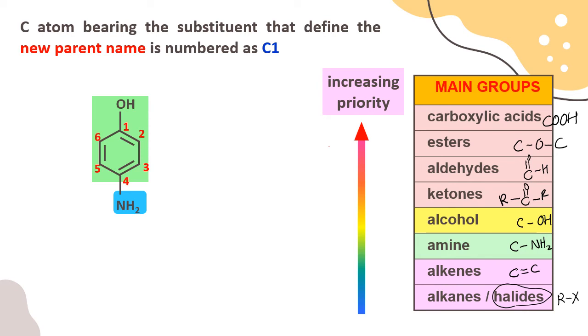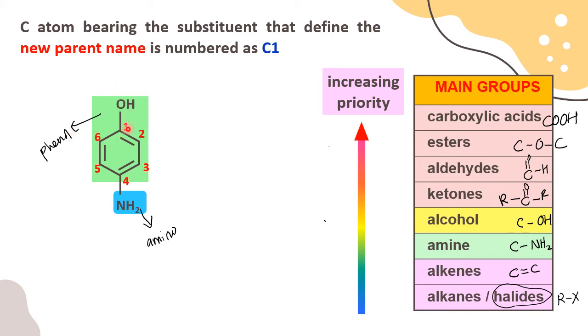NH2 as a substituent, we're going to call it amino. Our parent over here is phenol, so automatically the carbon that has the hydroxyl group will be carbon number 1.